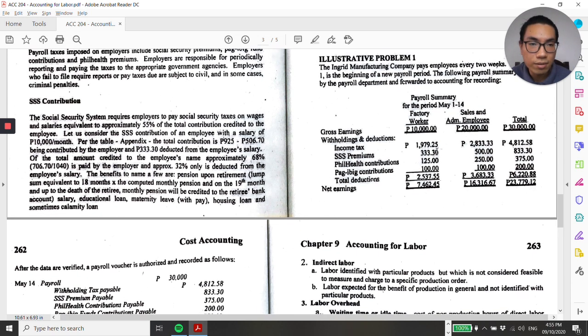So for this one, we have a given for the factory worker employees, the sales and admin employees, and the total, with the corresponding withholdings and deductions.